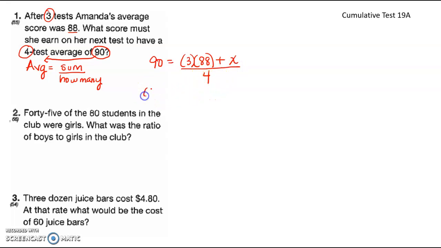So to solve for this, I do 90 times 4, and then I'm going to subtract 88 times 3.